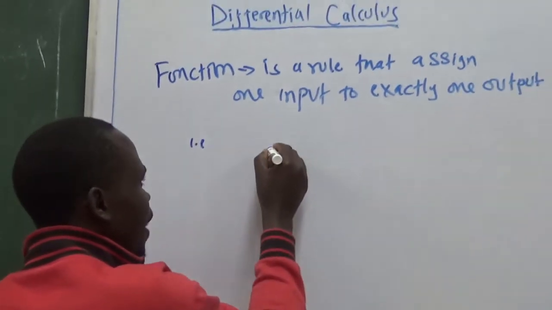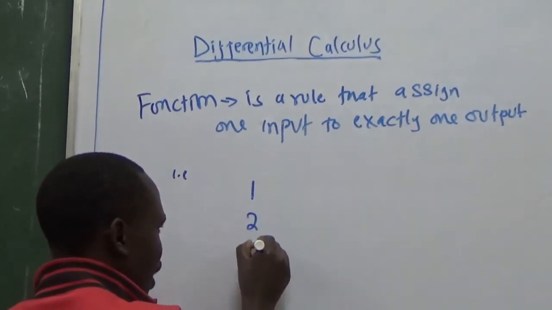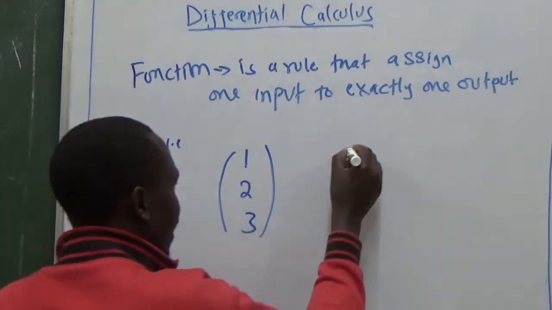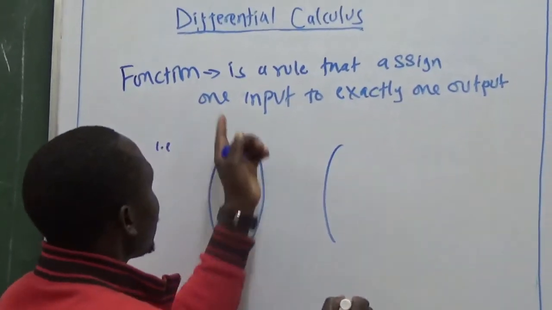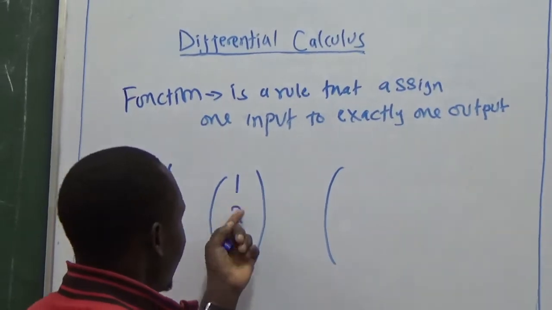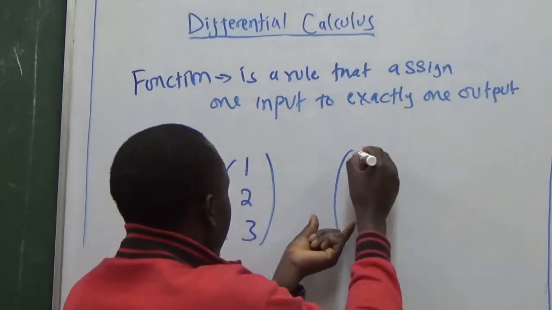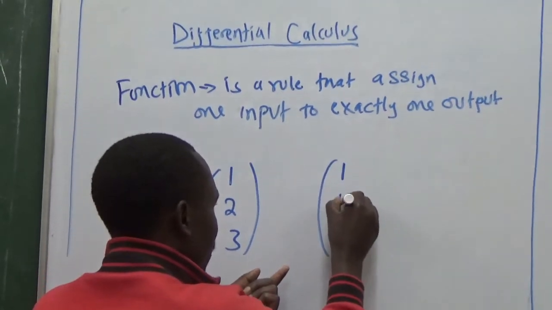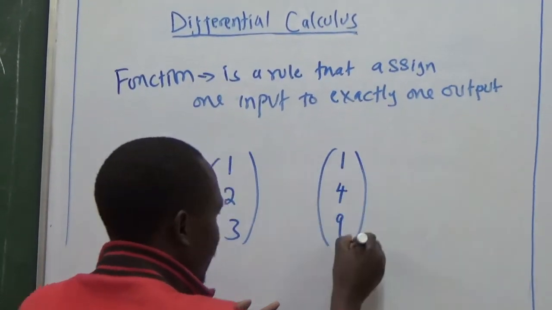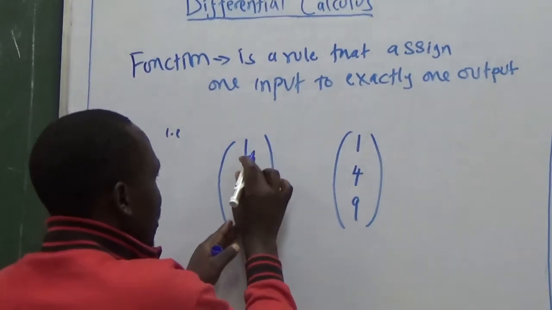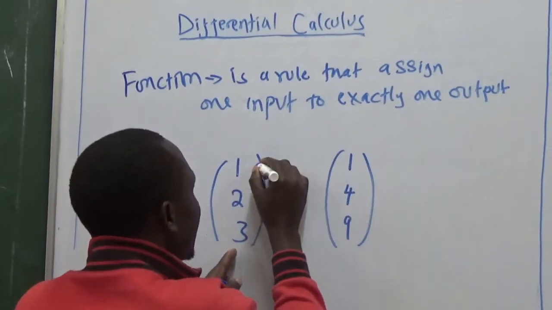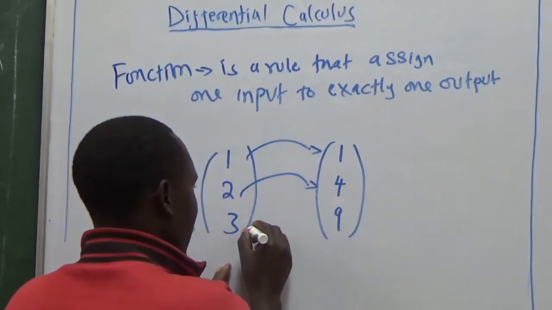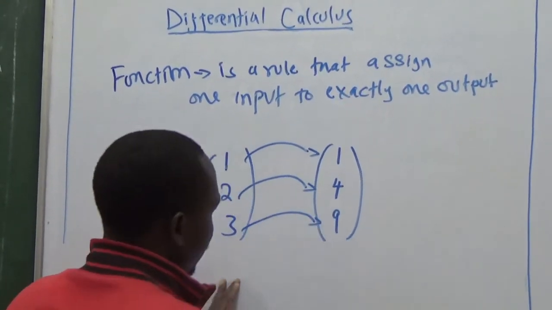If I have 1, 2, and 3 as my set, because we are saying a function is a rule, this is going to appear in this form. Like here, let it appear as 1, 4, and 9. 1 is being assigned to 1, 2 is being assigned to 4, then 3 is being assigned to 9.